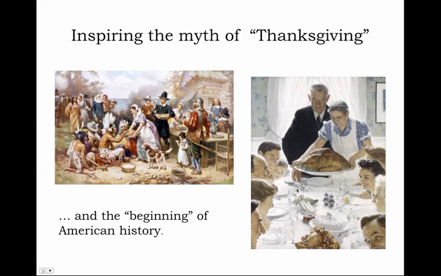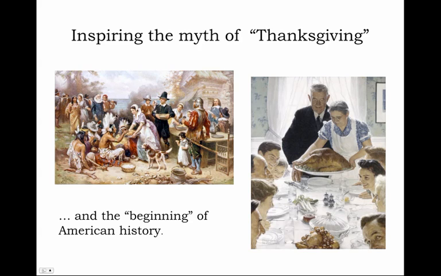Well, just as I think in my own personal experience, this Norman Rockwell vision of Thanksgiving is mostly fictional, so too is the very idea of an American Thanksgiving connecting back to the Pilgrims, also largely fictional.